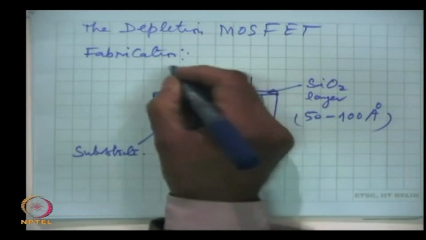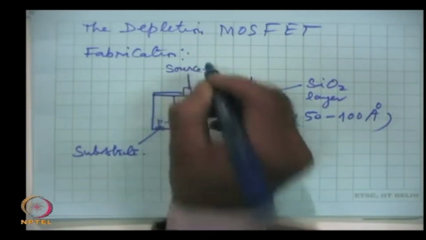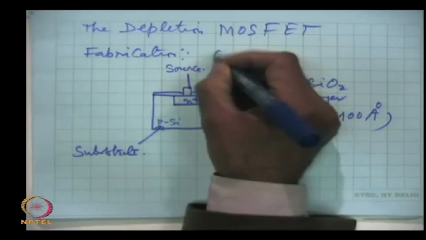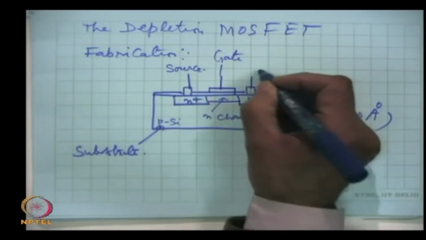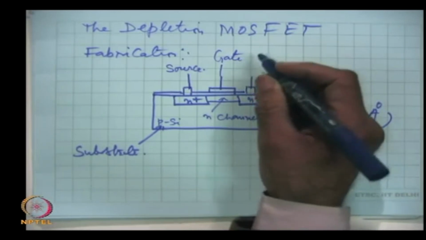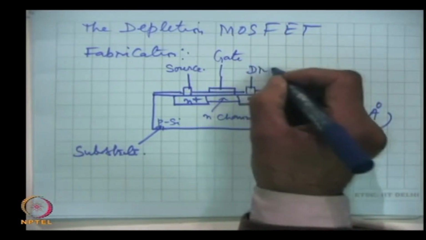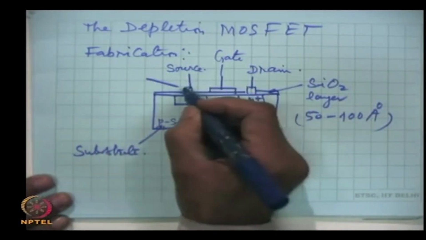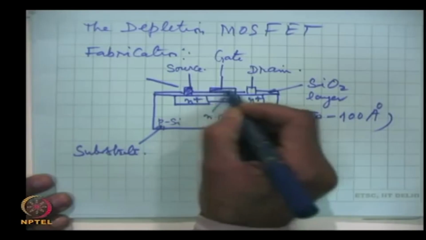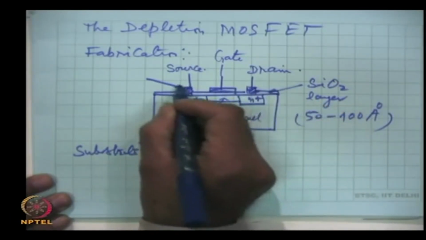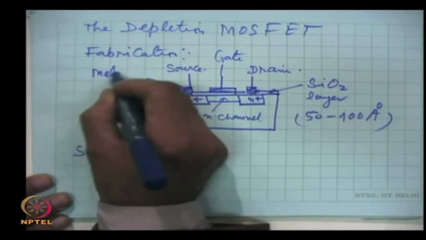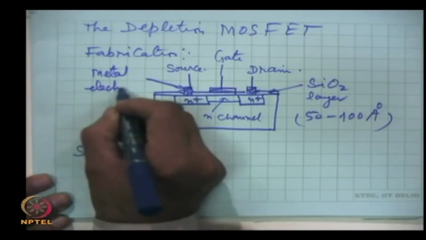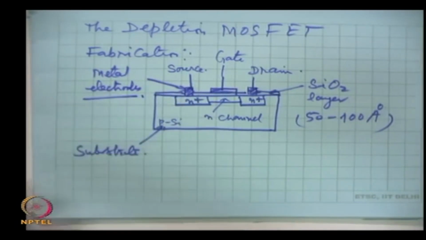This is source, this is gate, and this is drain. These are metal electrodes.